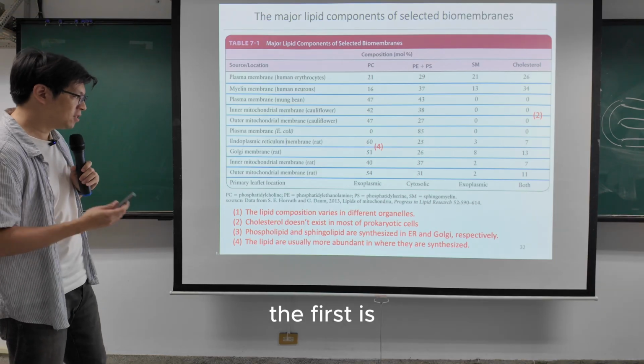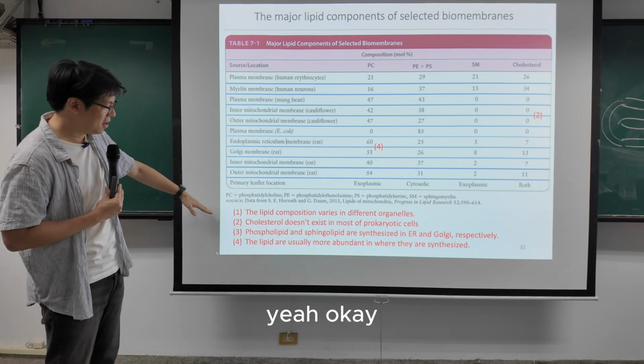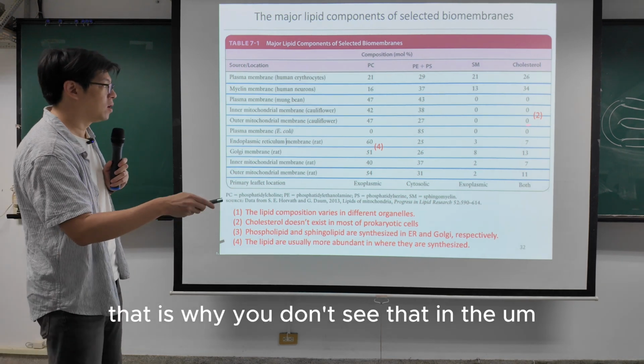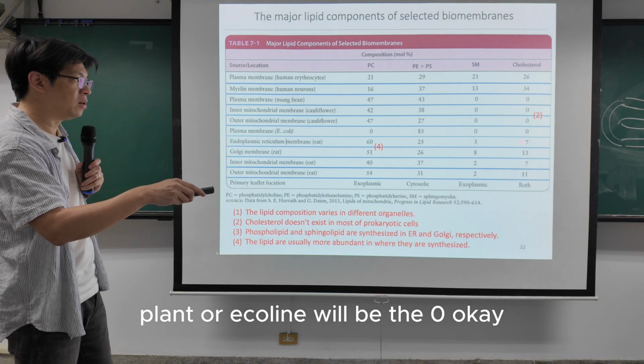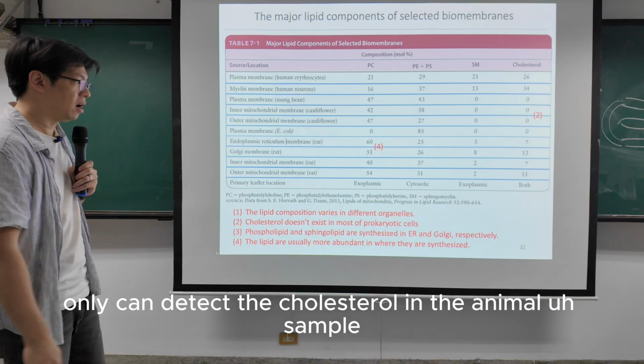So, of course, the first point is that lipid composition is different in different organelles. And the second is that cholesterol doesn't exist in most prokaryotic cells. That is why you don't see it in plants or E. coli; it will be 0. You can only detect cholesterol in animal samples.